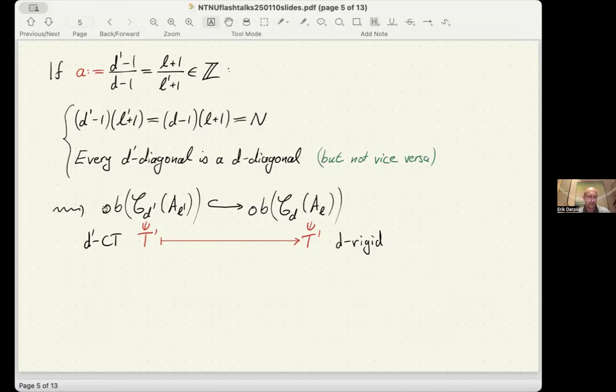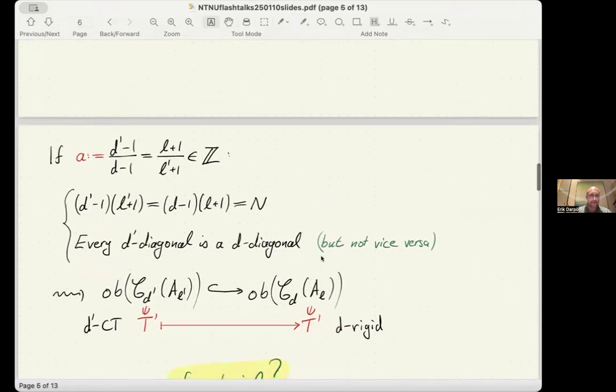And if diagonals don't cross, then they don't cross. So if you have a d prime cluster tilting object in this cluster category, it will still be d-rigid here, although it will no longer be a maximal collection of diagonals. So it will not be d-cluster tilting.